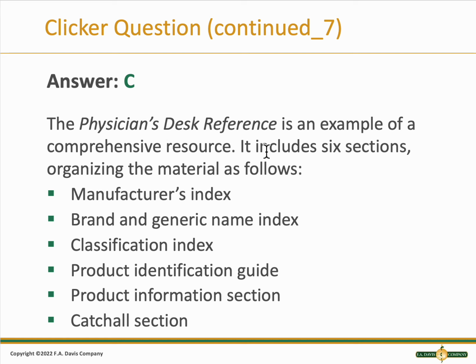It includes 6 sections: manufacturer's index, brand and generic, classification index, product identification guide, product information section, and a catch-all section. I don't know if that's the official name, but anyway.